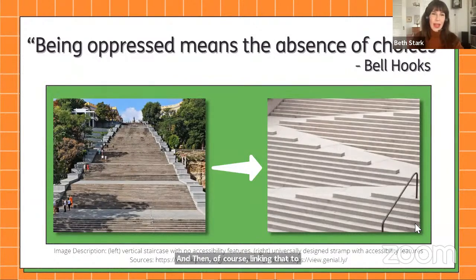And we know as advocates and enthusiasts of UDL that these words ring true, that being oppressed means the absence of choices. And so if we want to use UDL as a framework and a system to liberate learning for everyone worldwide, we really have to find ways to not just act upon that, but to communicate that.